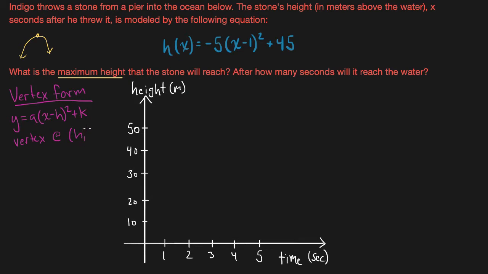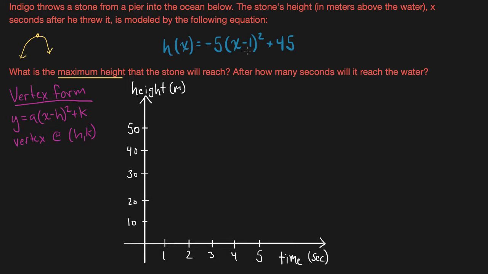Those are the x and y coordinates of our vertex. And just to be clear here, we are not including the negative in front of the h, just the h itself and the k. So if we had x - 3 in here, then we would substitute 3 in for the x coordinate there. Okay, let me remove those so that's a little bit clearer. And so our vertex is at h comma k.